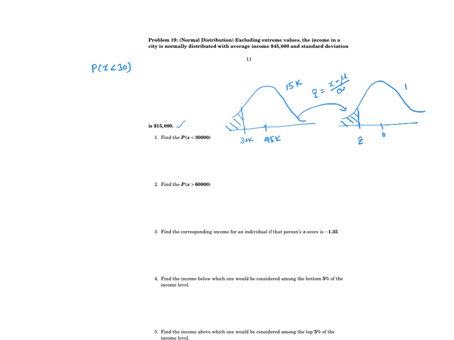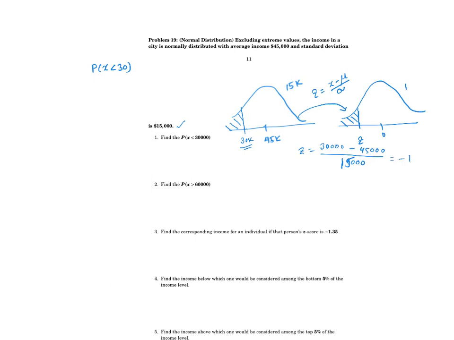So what is your z going to be here? Z is equal to x, the point of interest, 30k, minus mu, 45k, divided by 15k. Oh sorry, 15 not 9. Why am I thinking 9? It's probably from the problem that I did in the class.